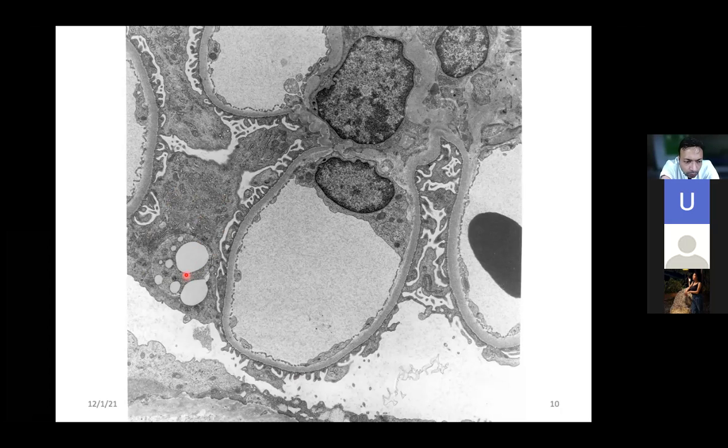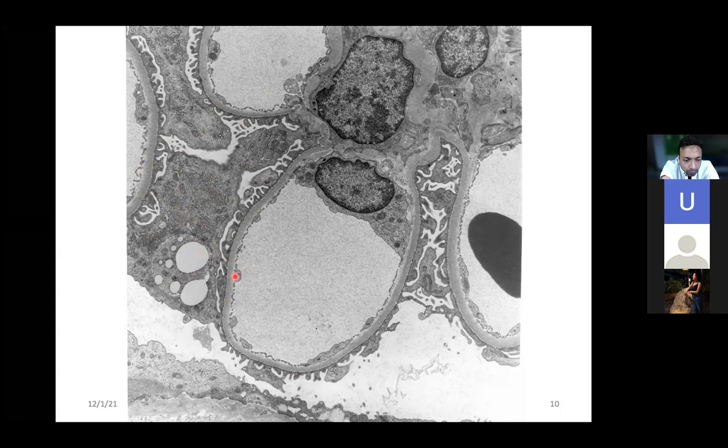Processes which rest on the glomerular capillaries, and one podocyte caters to multiple capillary loops, as you see. So one damaged podocyte would affect three capillary loops. So that is how the dynamics of the glomerulus are affected by damage to one component or the other.